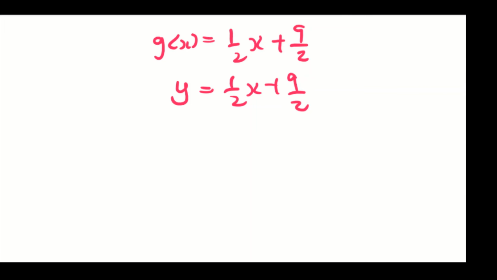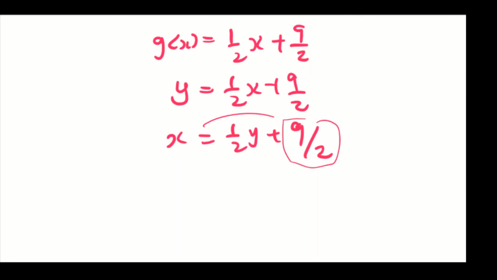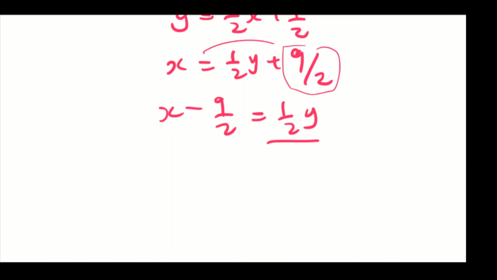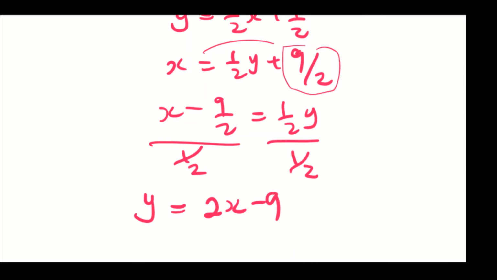So you're just going to swap, so it's going to be x equals 1 over 2y plus 9 over 2, right? And we're going to transpose this to the other side. We have x minus 9 over 2 equals half y, and then we divide everything by half, right? So our y is going to be equal to 2x minus 9.